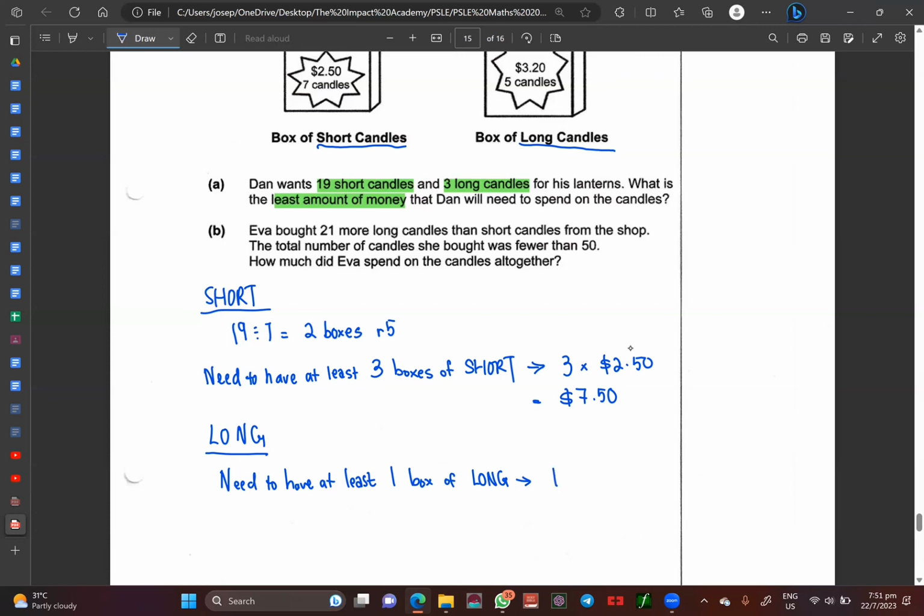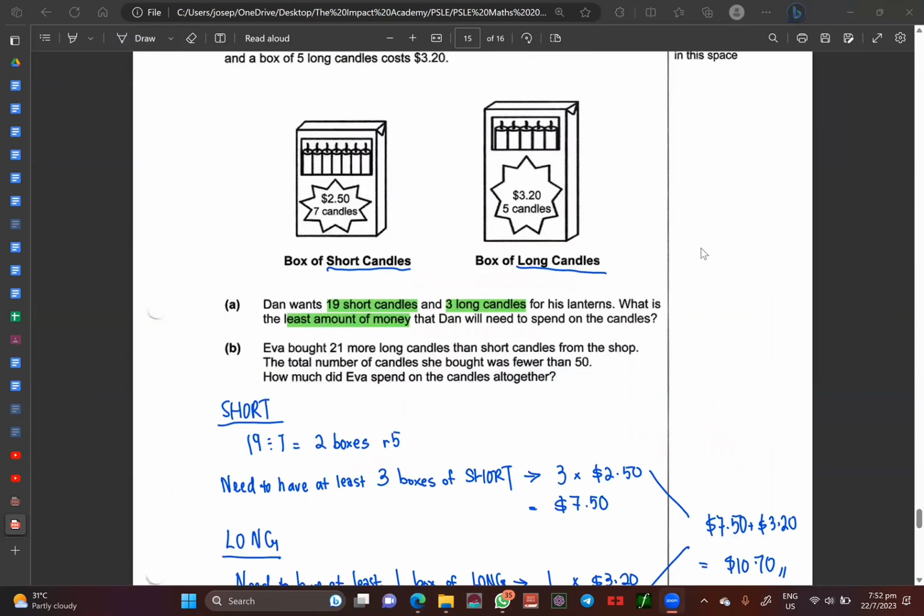Now, 1 box of long means 1 times, remember it's $3.20, no longer $2.50. When you add them up together, they ask for the least amount, right? You add them up together, 7.50 plus 3.20, we get an answer of how much? $10.70. Okay, so this is my answer for A.